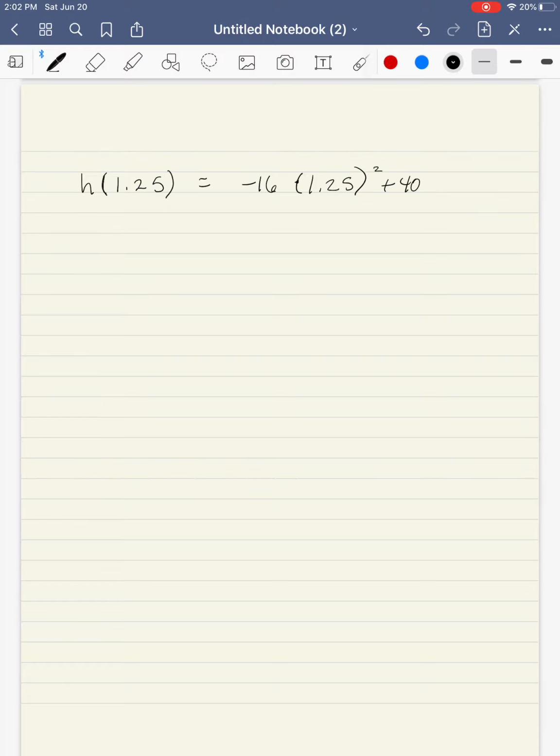So I can just plug that in place of the t. And I use my calculator to evaluate that. And I get 31. So the highest height that I can throw that rock is 31 feet.